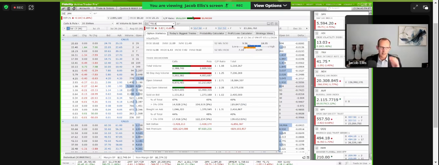When we took a look at Tesla and see that right now it's near the high end of its implied volatility, that does not mean it's too high necessarily. What it means is it currently is very high compared to history.